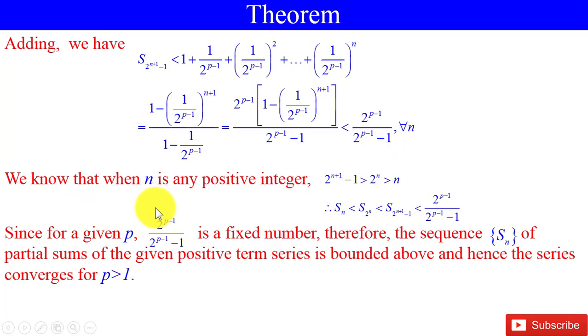We know that when n is any positive integer, then 2 raised to the power (n+1) minus 1 is greater than 2 raised to the power n, which is greater than n.